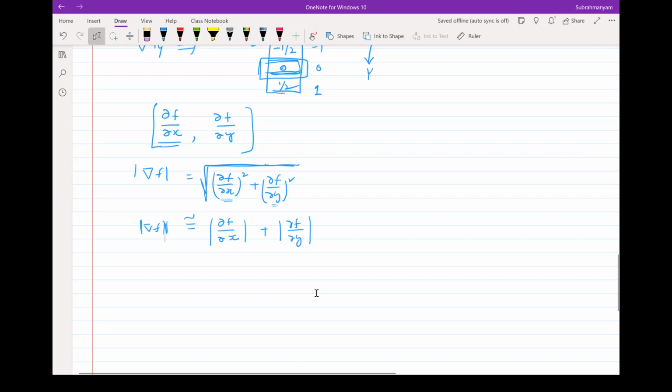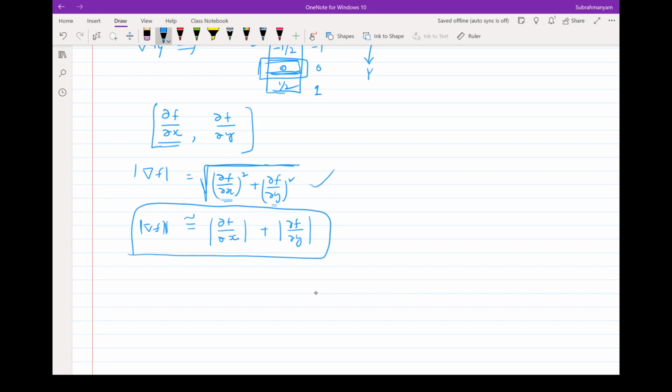At the end, you put a threshold and consider anything above that threshold as an edge, anything below that as not an edge. That's how you do it. Your threshold would vary, but this is how in practice you would be computing it.